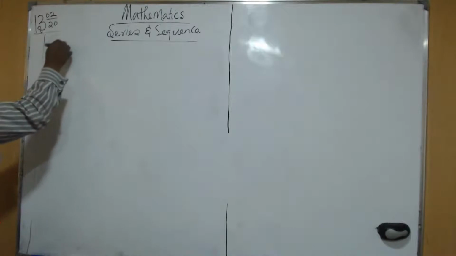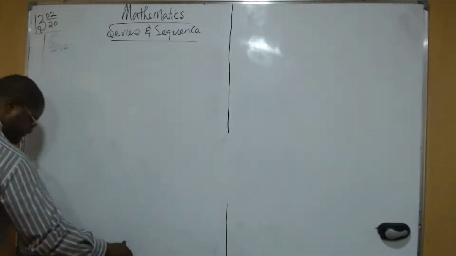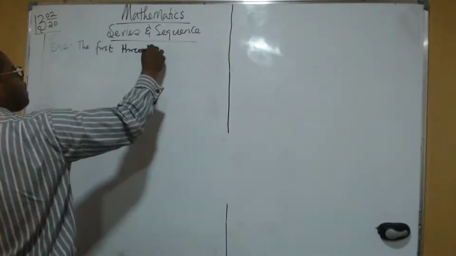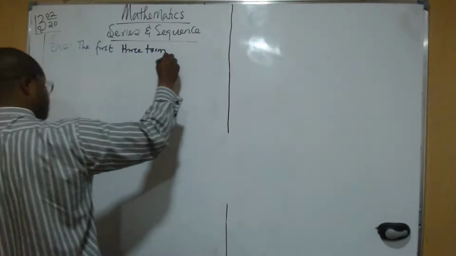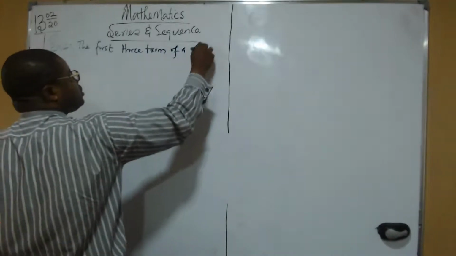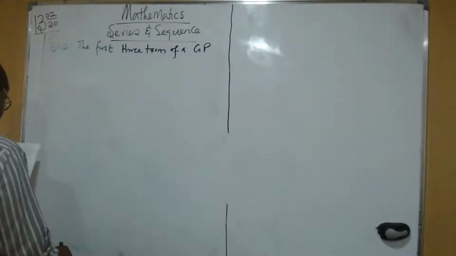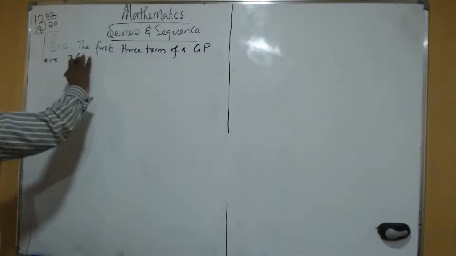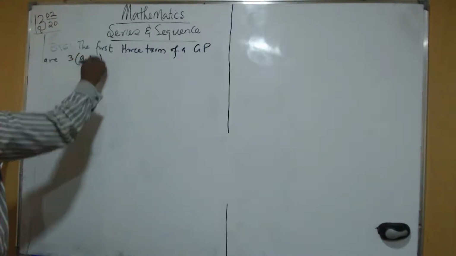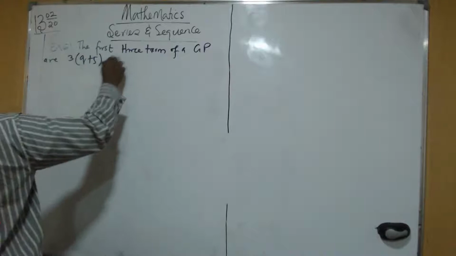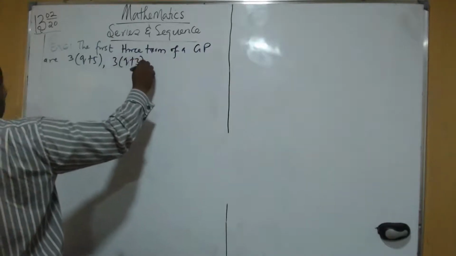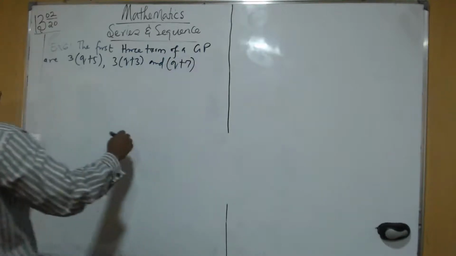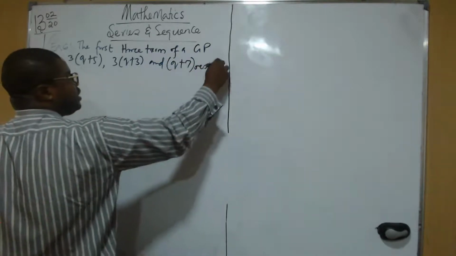Example number 6. The first 3 terms of our GP, that geometrical progression, are 3(q + 5), 3(q + 3), and q + 7 respectively.